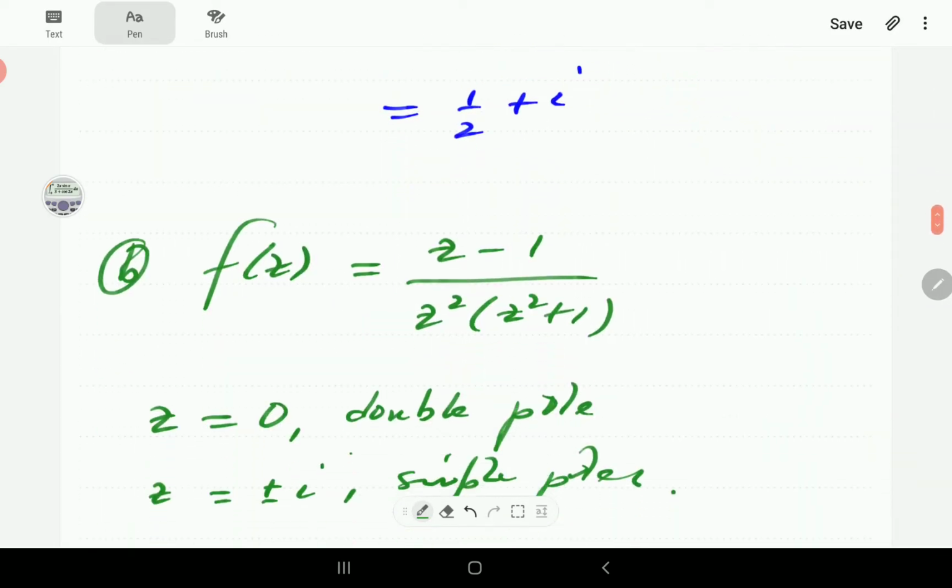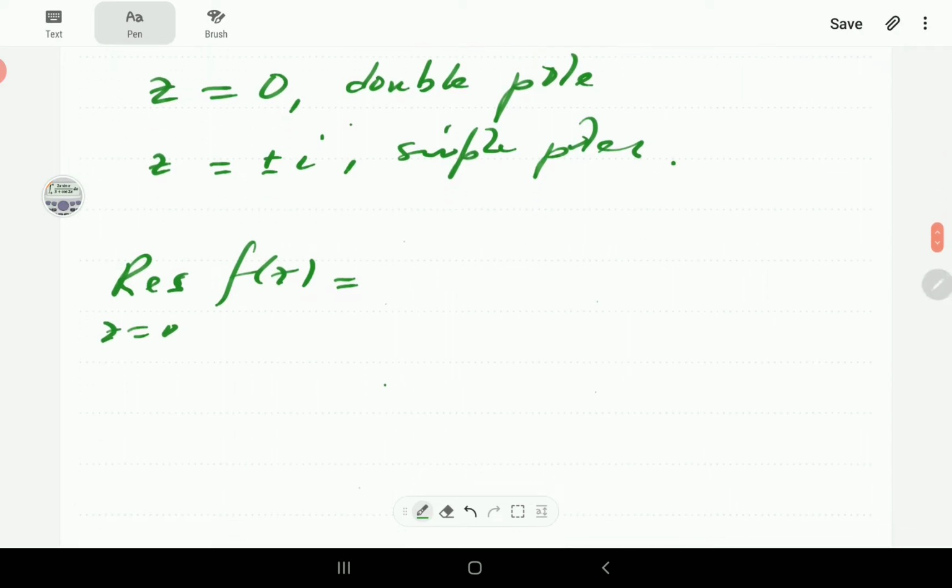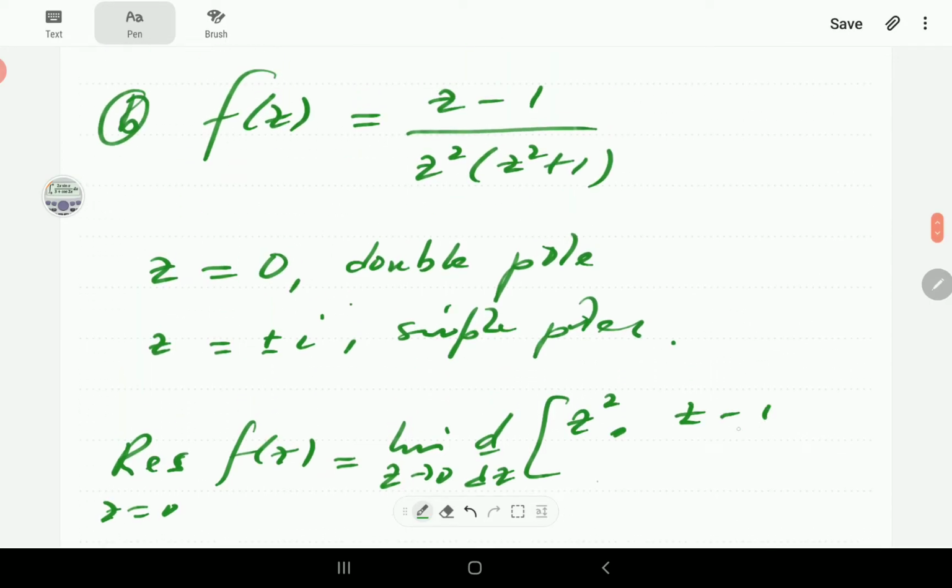And so what we're going to have here is the limit as z goes to 0 of the derivative of z minus 0 squared, which is just z squared, times f of z. f of z is z minus 1 all over z squared times z squared plus 1.